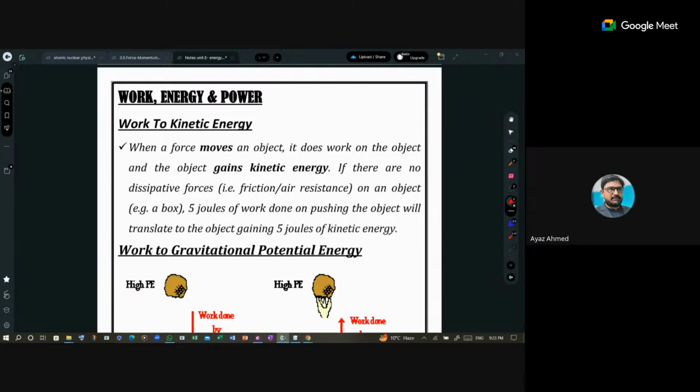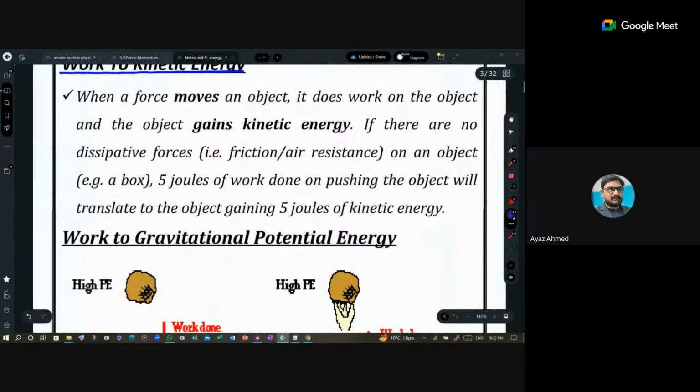So here I'm talking about work being converted into kinetic energy. When work is converted into kinetic energy, then that body moves. Definitely it has mass. So when a body moves, when it accelerates, actually it does work.